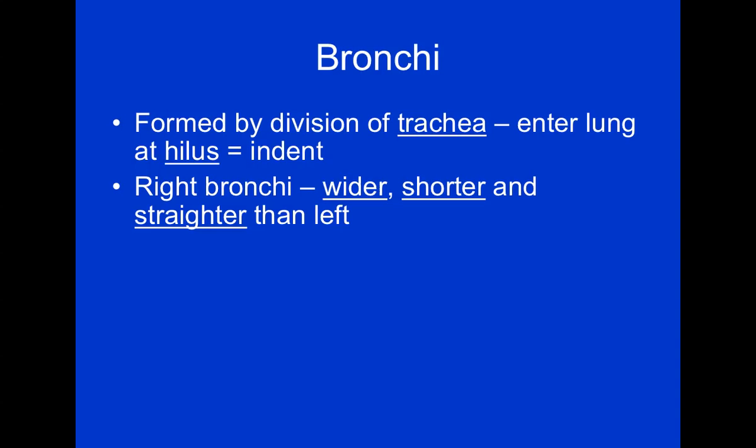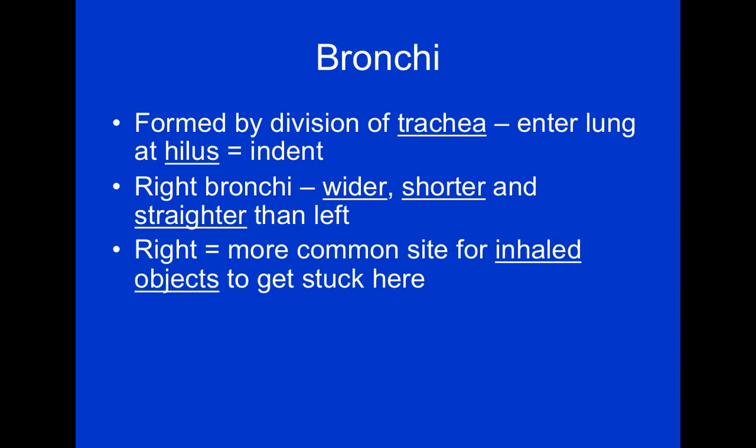So food, or inhaled objects, tend to get stuck in here because of that. The left-hand one actually has to take a sharper turn to go around the heart to get to the left lung. Objects coming in tend to follow gravity, and if you're going straighter down rather than making a sharp turn, that's why objects that get inhaled tend to get stuck in the right bronchus.